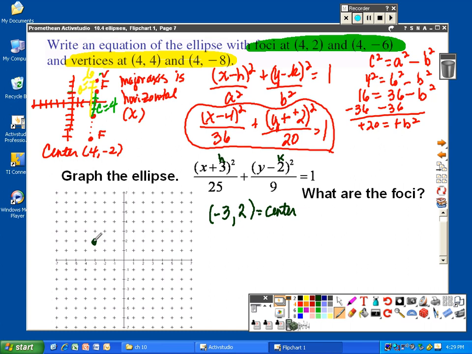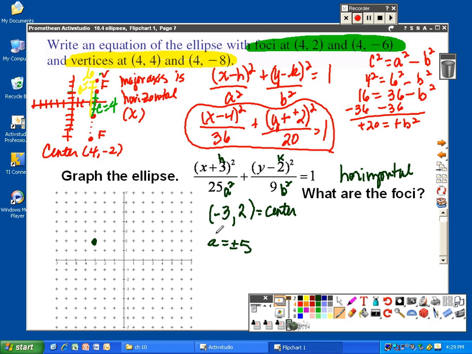What is your major axis? Relative to A. This is A squared. This is B squared under my X. So it's going to be horizontal. So A is plus or minus 5 off of the X value, since the X value goes horizontal.